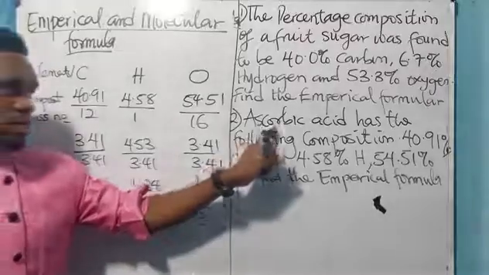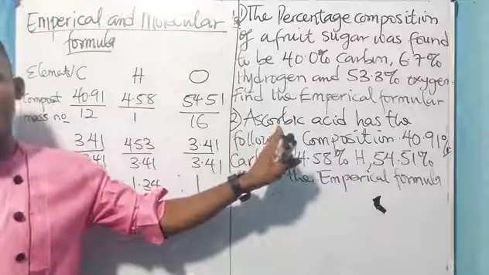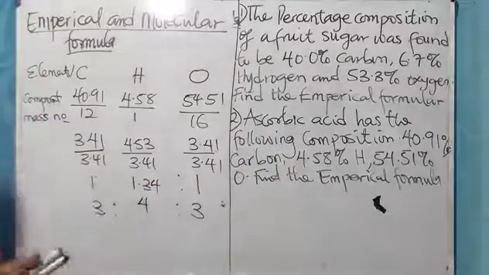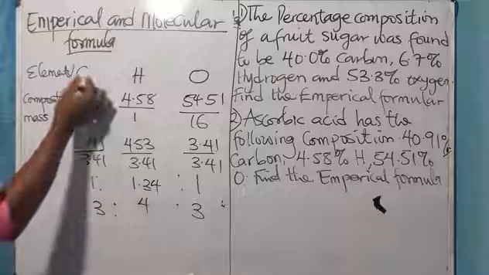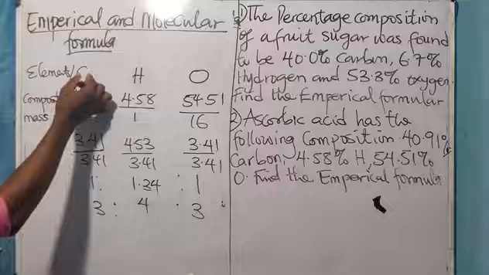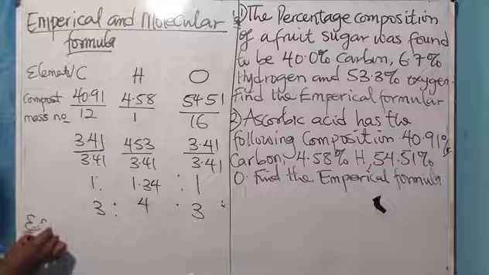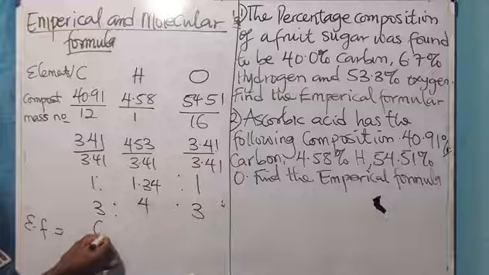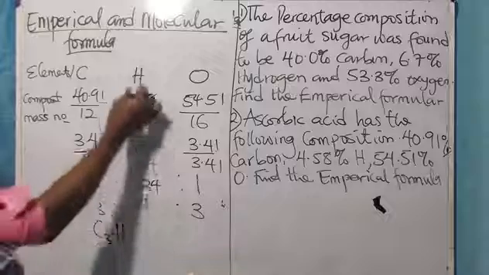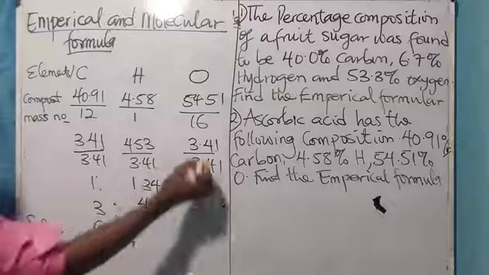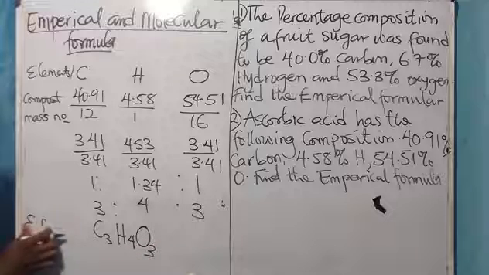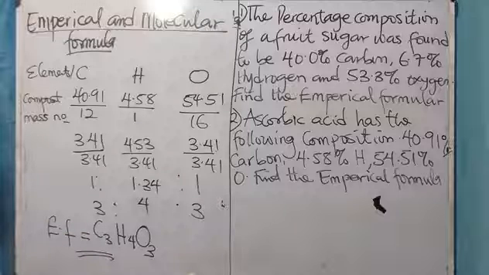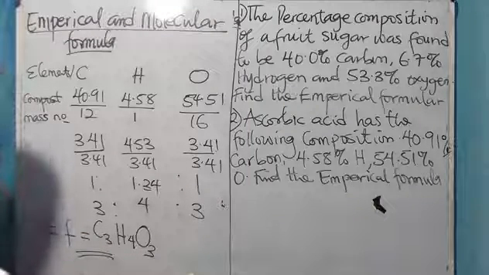Now ascorbic acid has as its atom mass molecular formula C3H4O3. Take note of that. So in this case, the empirical formula of this compound becomes C3H4O3. Alright, so this is the empirical formula of this compound.